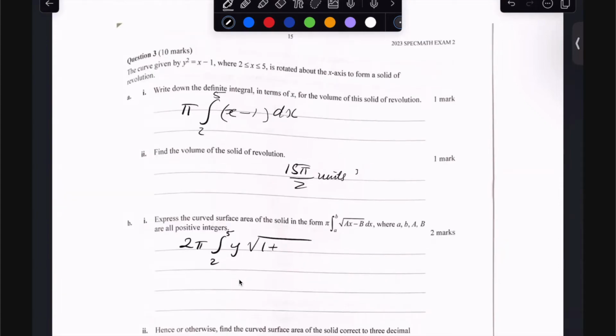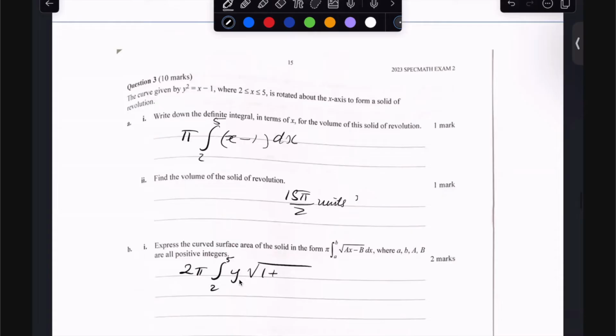So dy dx is, what is it? That's a bit annoying. Actually, I don't want anything in terms of x. So I'm just going to say y is the square root, the positive square root because it's from 2 to 5, so it's positive, of x minus 1.